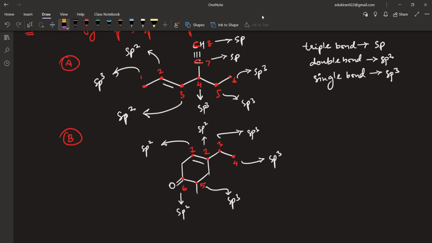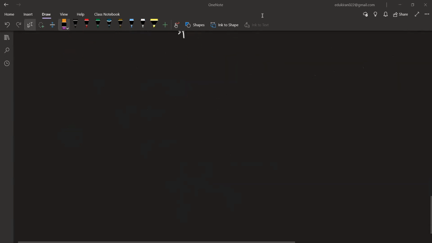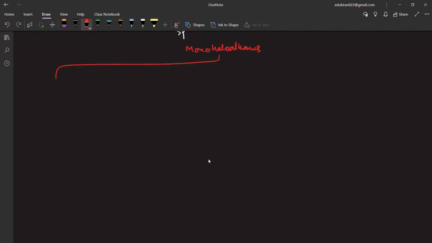Now, the monohaloalkenes, these are classified into two different categories. One of the categories is one in which you have a carbon and halogen bond, and this carbon is an sp3 carbon.